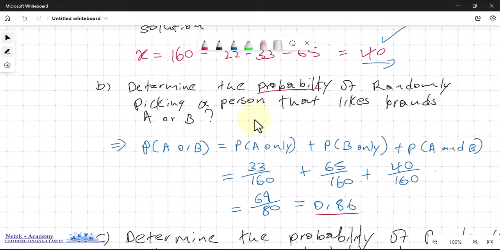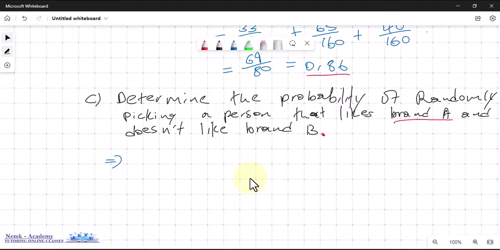I just wanted to know whether you have an idea what our answer would be. But this statement that they've written here, mathematically or statistically, this is how we're going to write it down: probability of A and not B. This is how we write not B. You see that exponent or that apostrophe there? It says not B. So it only means that we are looking for the probability of A only.